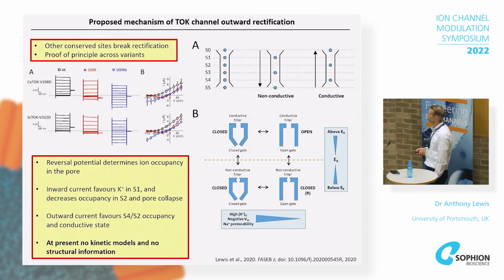So then we wanted to consider how we might explain this. So we came up with a rather simple model that we're trying to now challenge. So you should know that, generally there are 4 binding sites for potassium inside the pore, 1, 2, 3 and 4, and then there's an external and an internal potassium binding site as well.